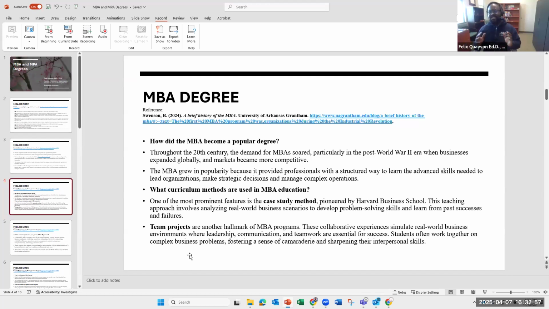And the case study method is basically the approach to teaching that involves analyzing real world cases, scenarios, and issues in the business environment. Okay, so they give you a real world business scenario to develop problem solving skills and learn from past successes and failures.